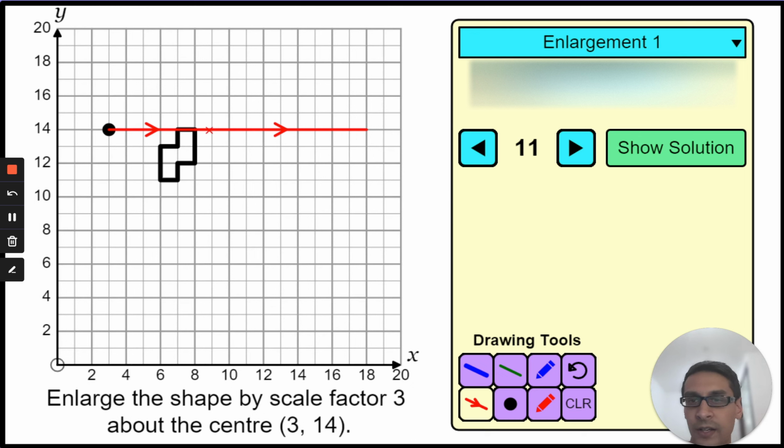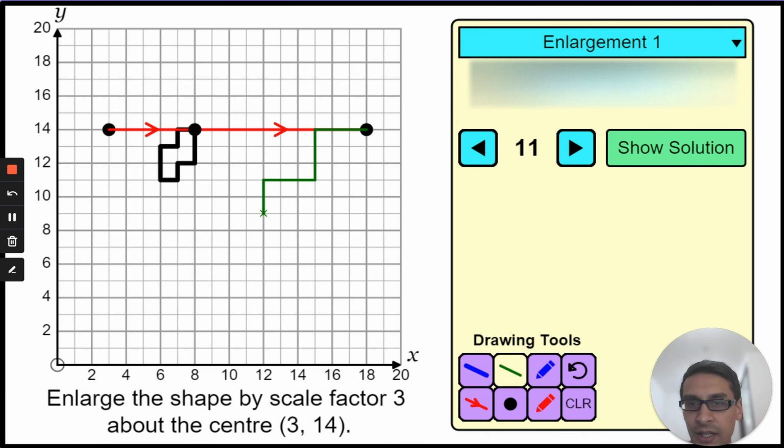Now again, if the corresponding vertices are there, well, that top length is 1 unit, and that's going to become 3 units. If that length is 1 unit down, I'm going to go 3 units down. And then we can draw the rest of the shape out, which I'll do carefully here.